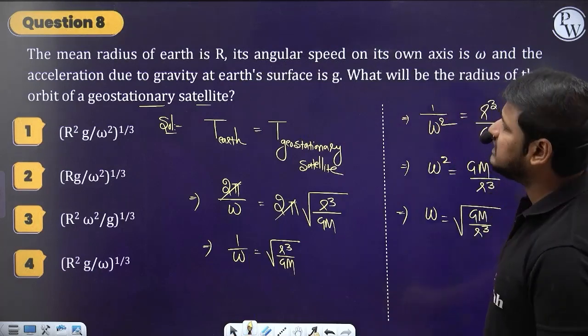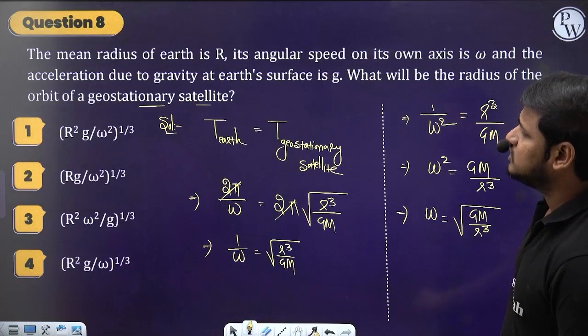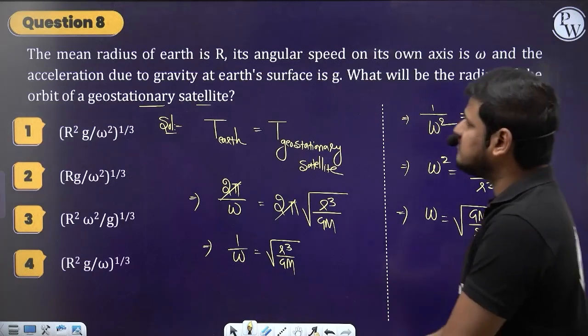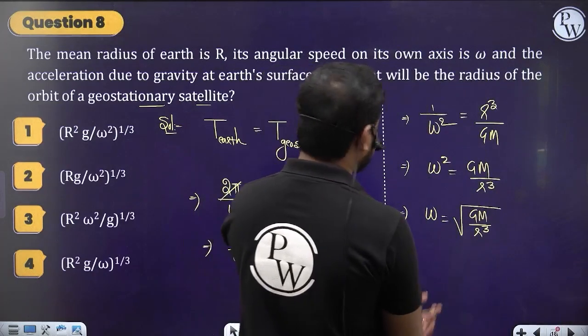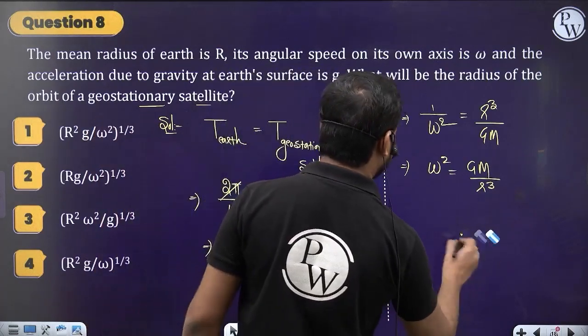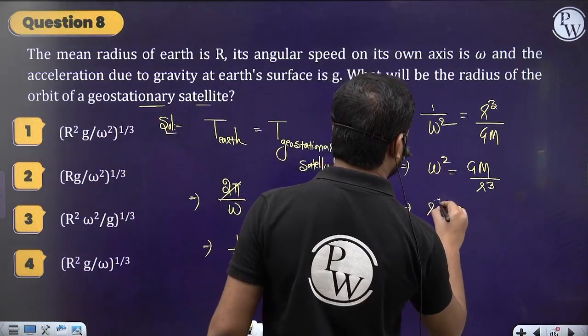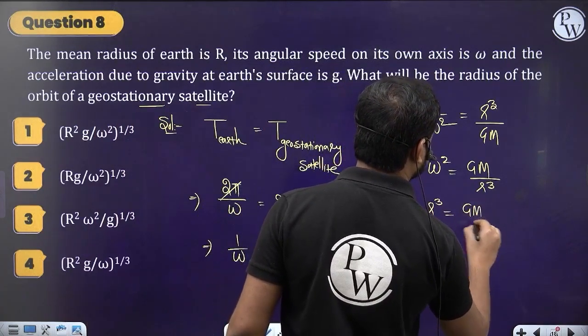I need it in terms of capital R. Sorry, not omega, I need the radius, my bad. So r cube is equal to GM by omega square.